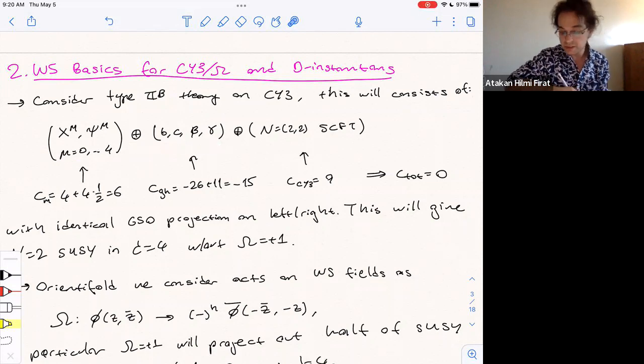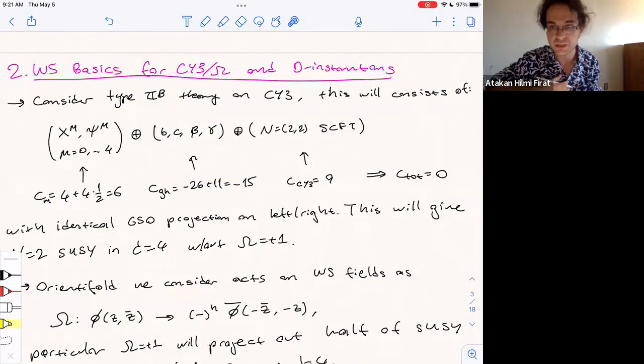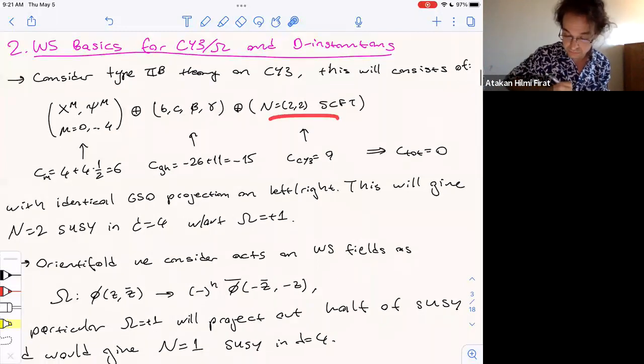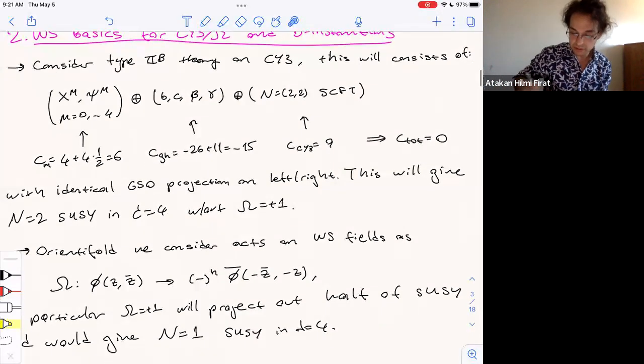I have a ghost part, and I will consider the Calabi-Yau as some (2,2) superconformal field theory instead of the nonlinear sigma model with Calabi-Yau target, because this will give N=1, and our arguments will be independent of whether I have a geometric interpretation for the internal manifold. We will see the advantage in certain cases of why this point of view is better. They add to central charge 0.